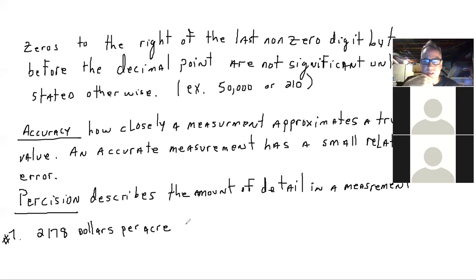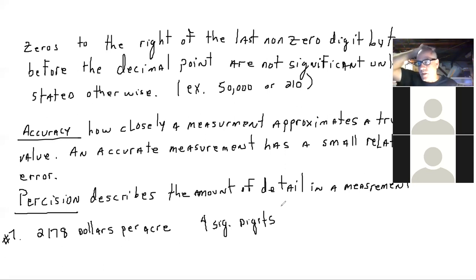So first off, how many significant digits? Hopefully you quickly said 4, because all non-zero digits are significant. So 4 significant digits. All right. Now, so there are 4 significant digits. So I'm going to put 4, I'm just going to abbreviate significant digits.